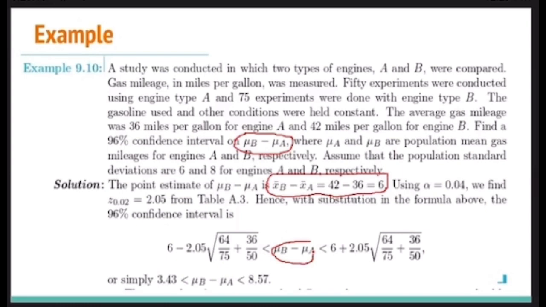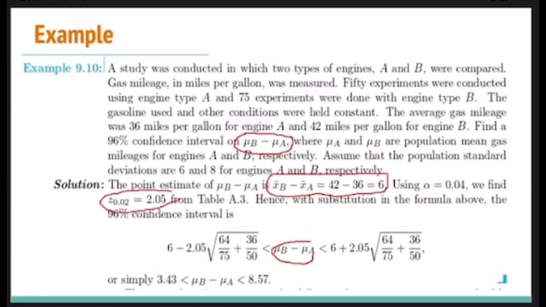I got the 2.05 from the table. How? Because they say 96%. When they say 96%, what is the level of significance alpha? That will be 4%, right? So it should be 0.04. Because in a confidence interval you are considering error at both sides, that makes it two-sided, so I'm going to do alpha divided by 2, 0.04 divided by 2, and that's why you have 0.02.